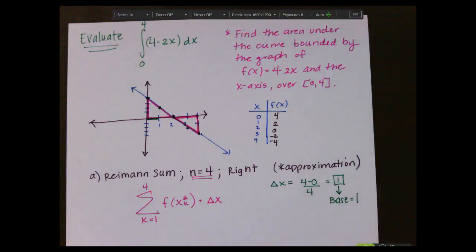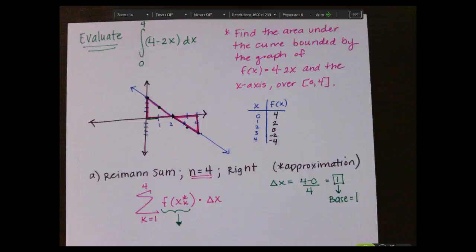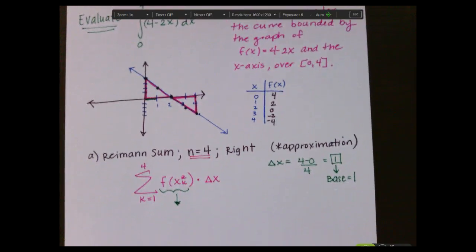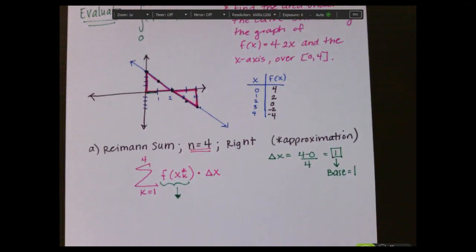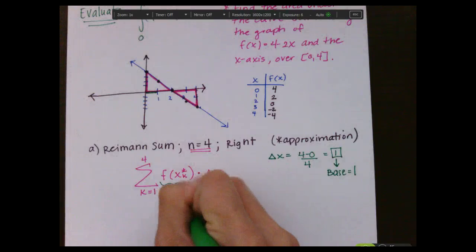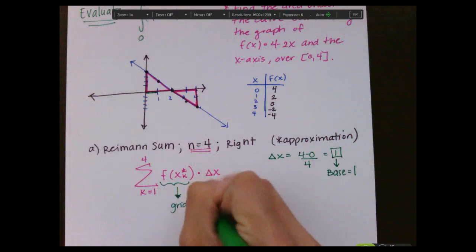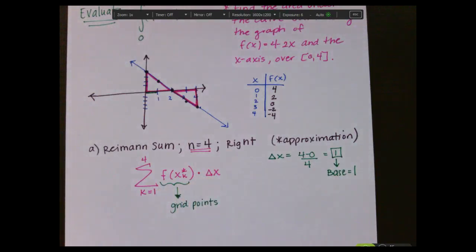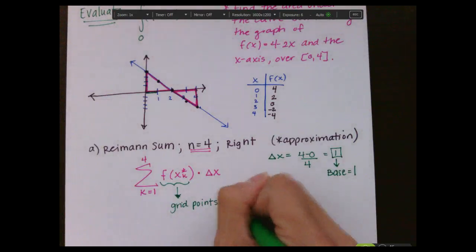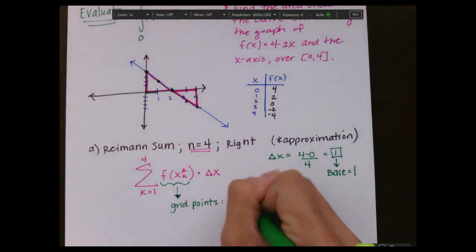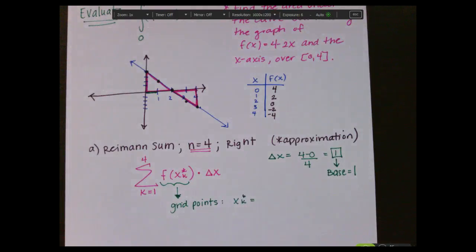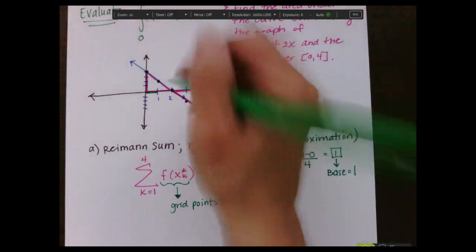All right, let's figure out what this will be. So all of my grid points are going to be calculated based on whether it's a left, right, or midpoint Riemann sum. And so in this case, we are doing a right Riemann sum.